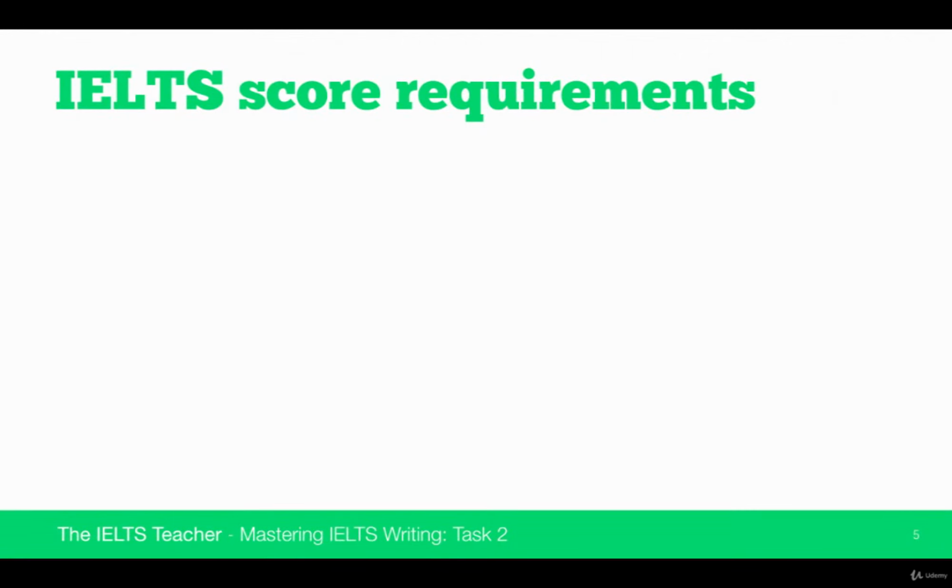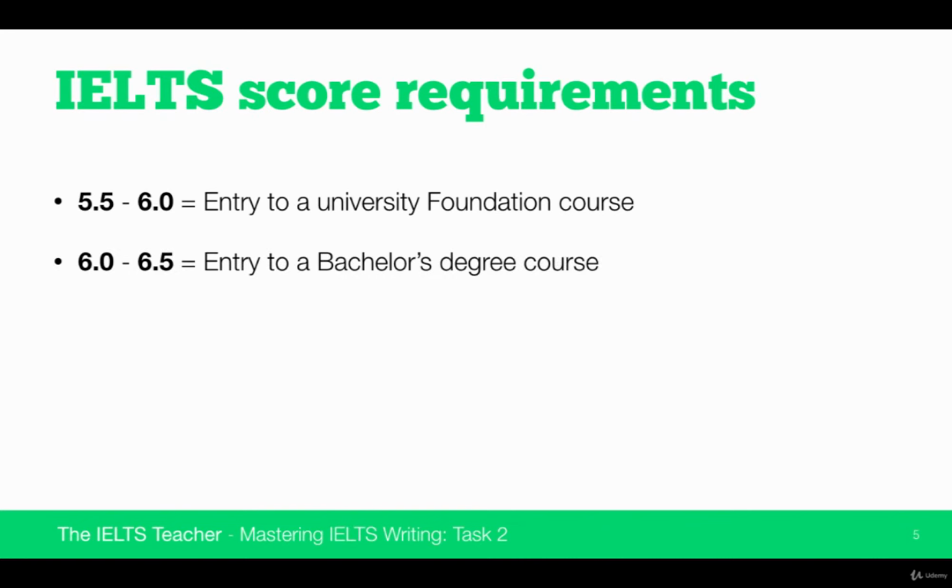Finally, IELTS score requirements. Different institutions require different scores. So look at this as a general guide, not as a comprehensive and perfect guide. So, in general, a 5.5 to a 6 will give you entry to a university foundation course, while a 6 to a 6.5 will give you entry to a bachelor's degree course.